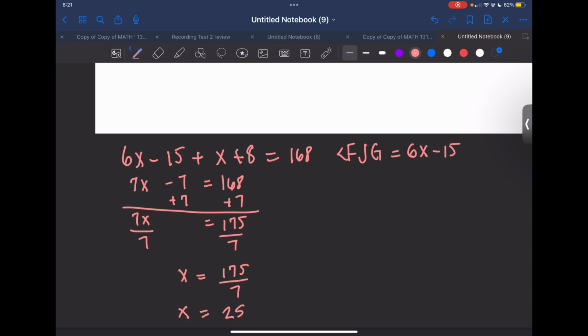So x equals 25. So I get 6 times 25 minus 15. Order of operations says we have to multiply first. So I get 150 minus 15, and that's equal to 135. And that's my answer.